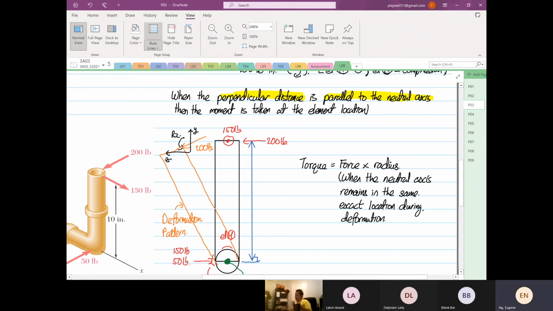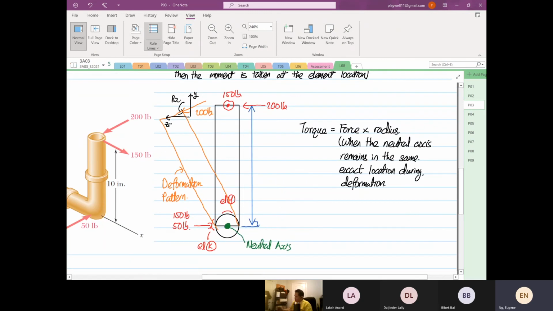So after deformation, like what I drew in orange, the structure deforms, it rotates, yes or no, right? Then the neutral axis, the green dot, is still the same. Then the load, right, is inducing a torque.